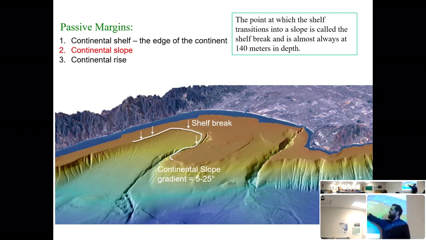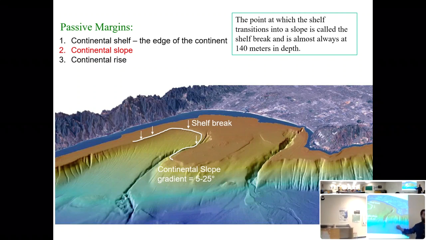The break is this edge right here, where the shelf suddenly breaks and starts sloping down really fast. And that slope is called the continental slope. So you got the shelf, the break right here, and then all this stuff would be sloped.